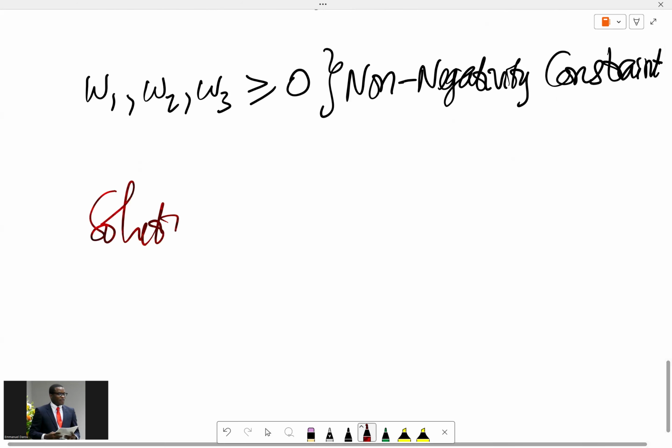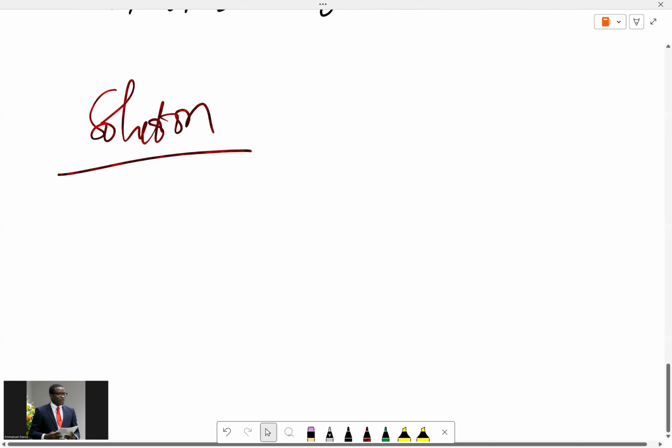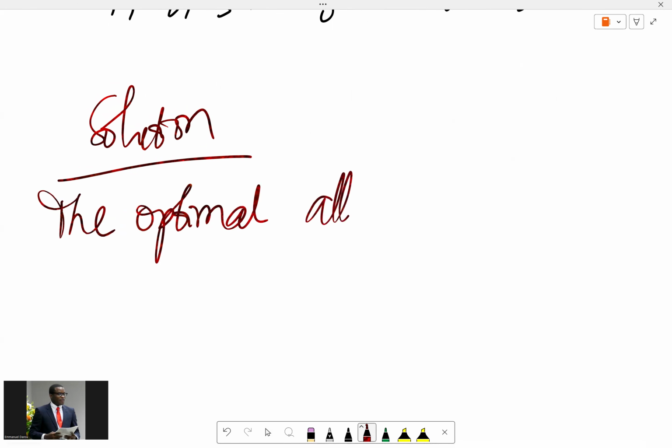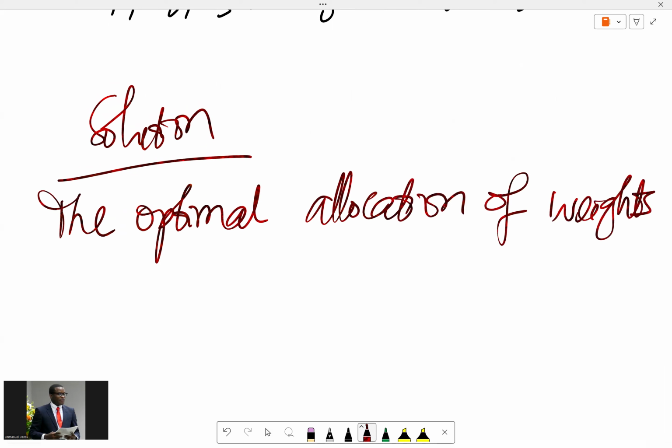If you solve this normally, you get the optimal allocation of weights: W1 equals 0.6000, W2 equals 0.2000, and W3 equals 0.2000.